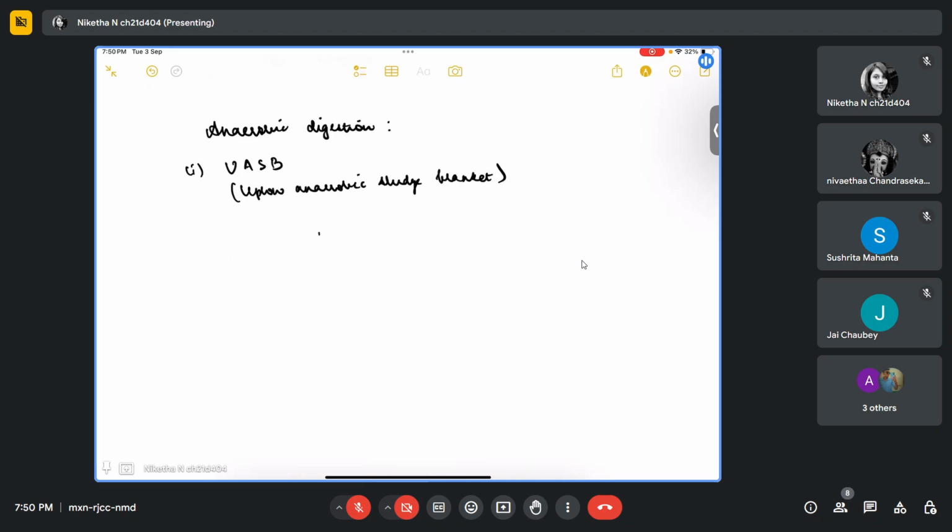What happens in a UASB reactor is, we have the reactor here, and this is the gas vent for removing the gases that are produced during anaerobic digestion. The inlet is towards the bottom. Wastewater comes up, and here it will undergo digestion. After digestion, the heavier particles will settle at the bottom, and they will form a layer called a blanket.